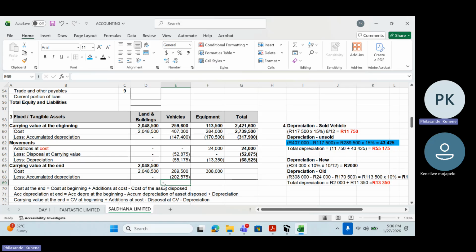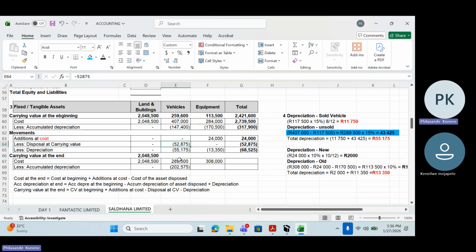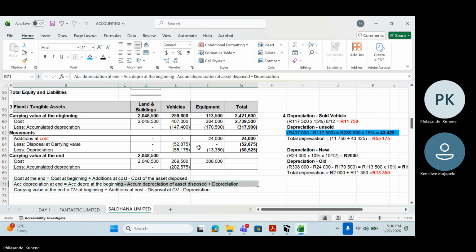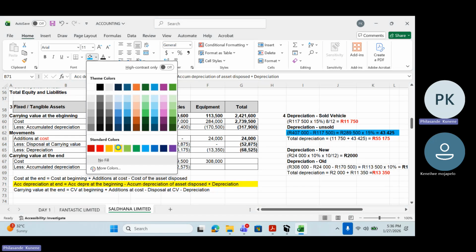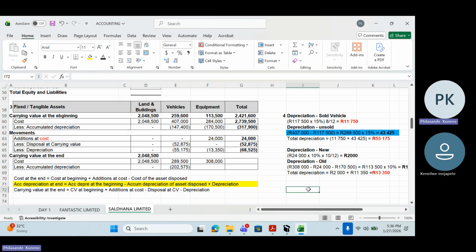How did you get this one? We added the accumulated depreciation and the depreciation. What about the disposal one? Let's go and check the formula. Please read it for me.